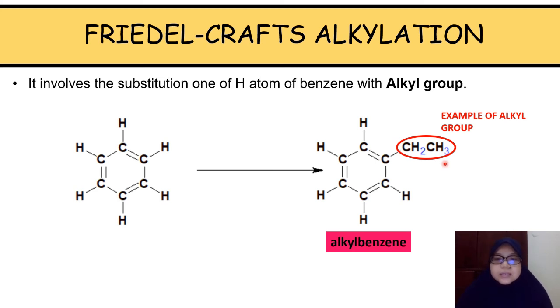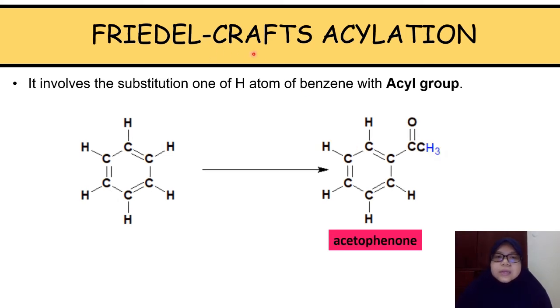The reagent that we need to use here is the haloalkane that contains the alkyl group, so CH3CH2Cl, in the presence of a Lewis acid. If we use chlorine, the Lewis acid is either aluminium chloride or iron chloride, or if we use bromine, the Lewis acid is iron bromide. This reaction will produce alkylbenzene.